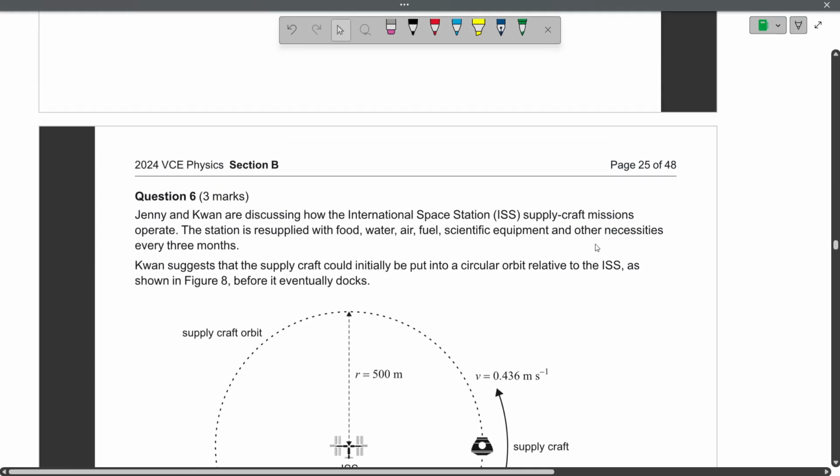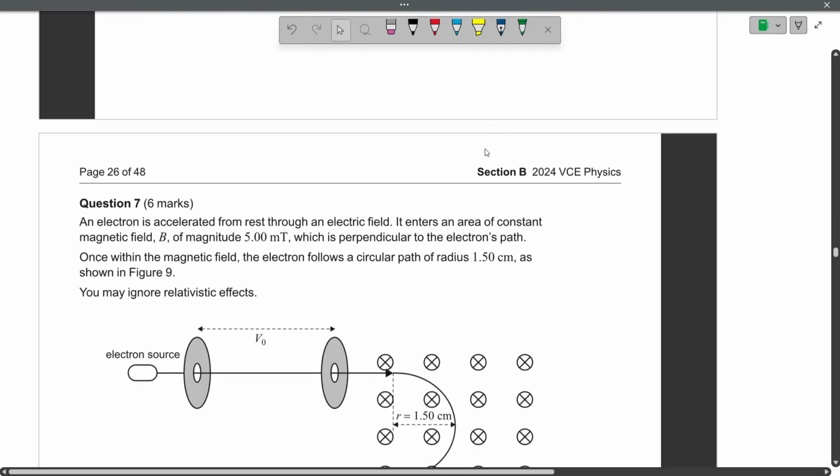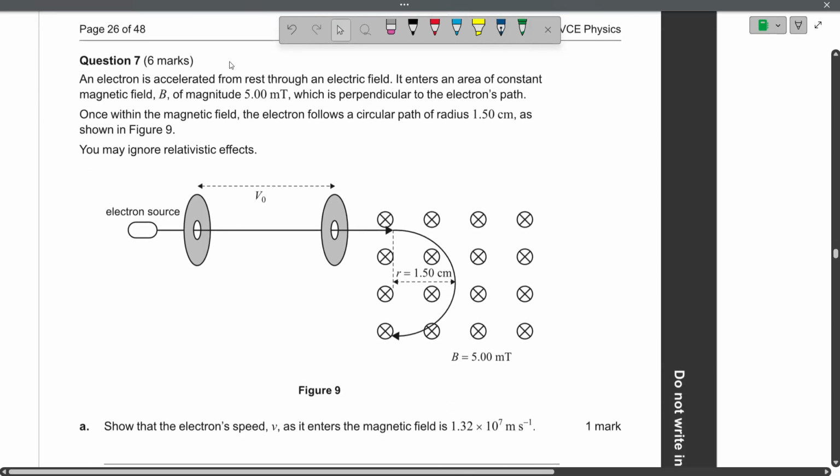All right, moving on. Question 7. An electron is accelerated from rest through an electric field, so that's going from here to here, I guess. It enters an area of constant magnetic field B of magnitude 5 millitesla over here, which is perpendicular to the electron's path.